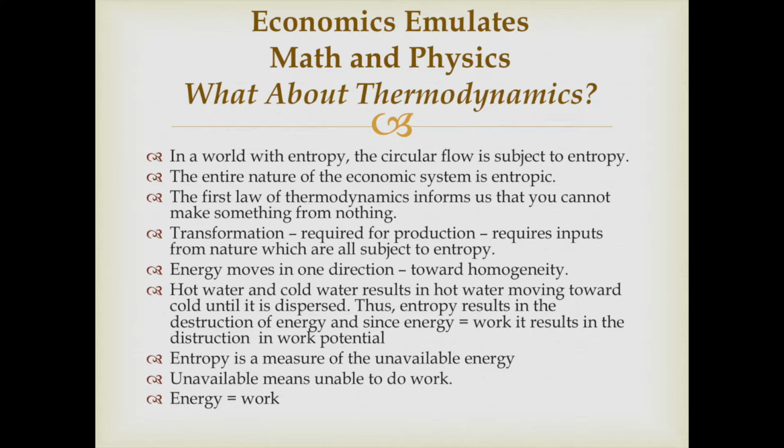Yet, only low entropy or free energy can provide work. All work performed and required by production processes requires low entropy sources, and the first law ensures that all work requires a transformation from low entropy to high entropy.